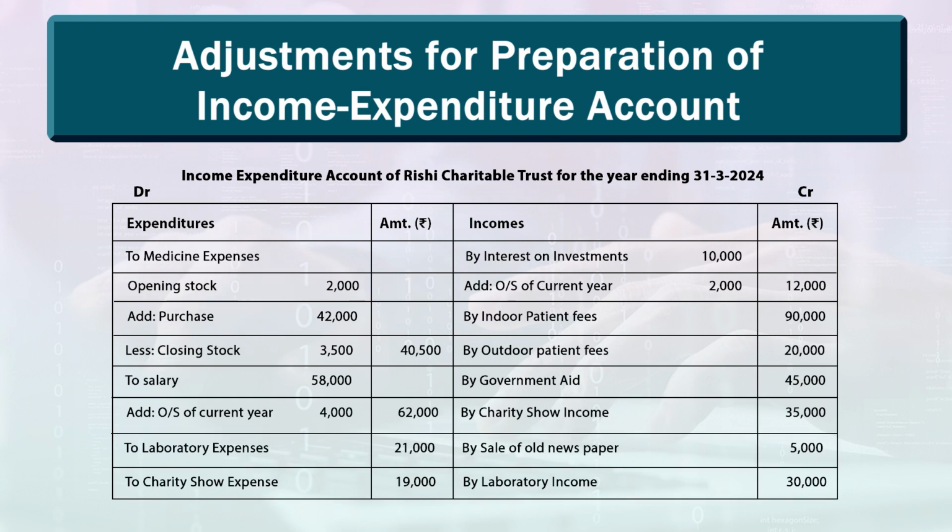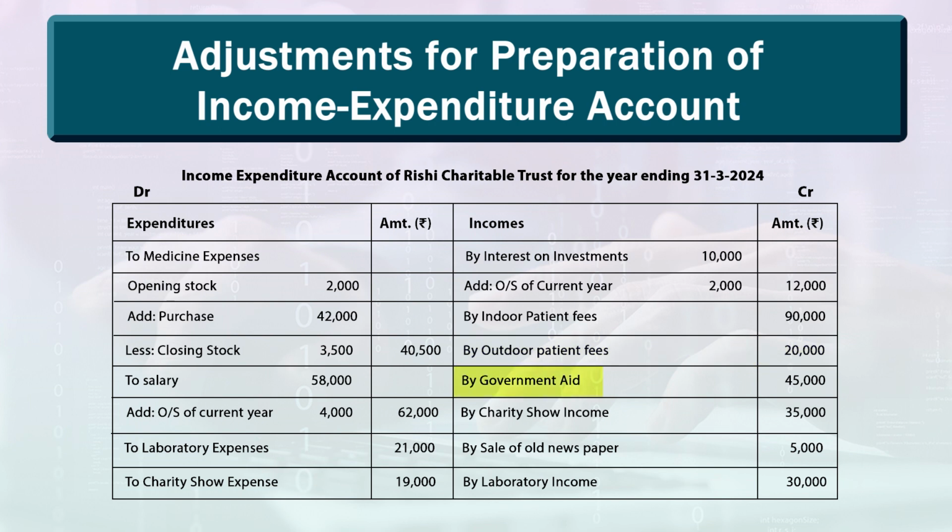Moving on to the income side, we have interest on investment of rupees 10,000. In it we add outstanding of current year of rupees 2,000. The amount recorded is rupees 12,000. Then we have indoor patient fees of rupees 90,000. The next entry is the outdoor patient fees of rupees 20,000.